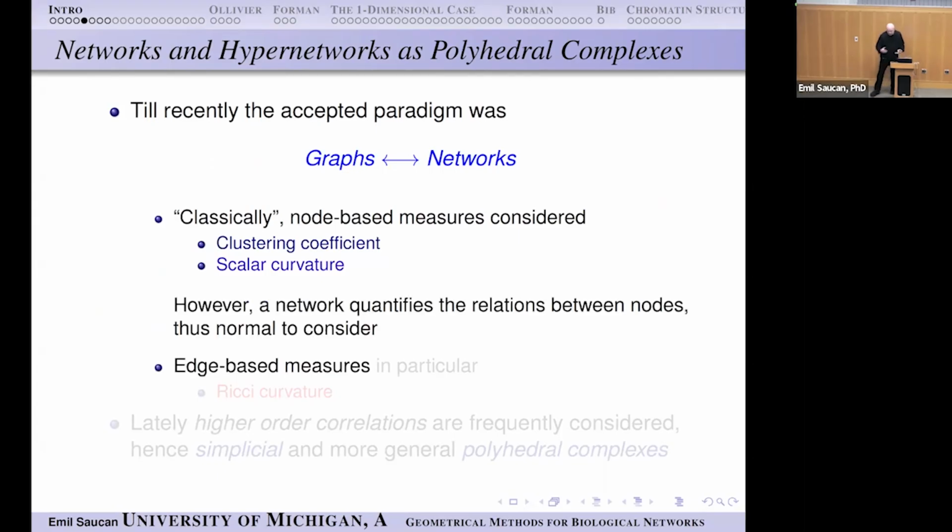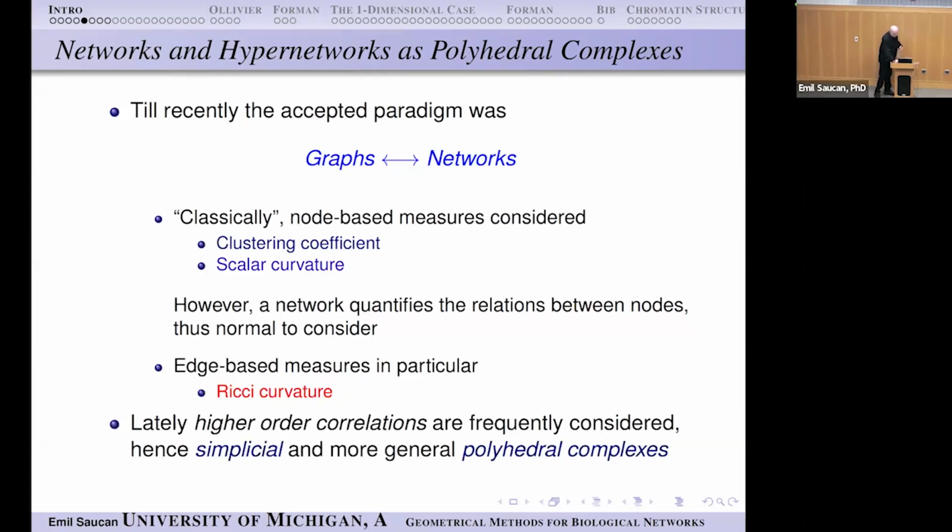More recently, people started to understand that network doesn't mean just the nodes, it means the relations, first of all. Relations mean edges, and for edges you need another type of curvature or other type of measures, totally different from the measures people use for nodes. So one measure we'll use is Ricci curvature, and I'll talk more about that.